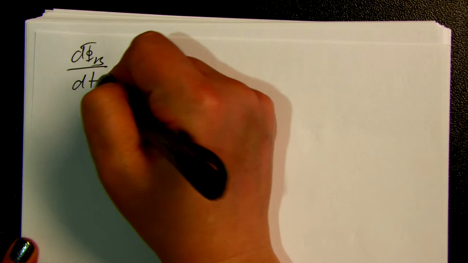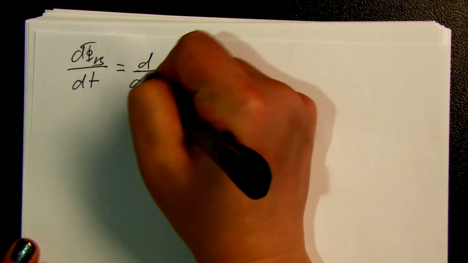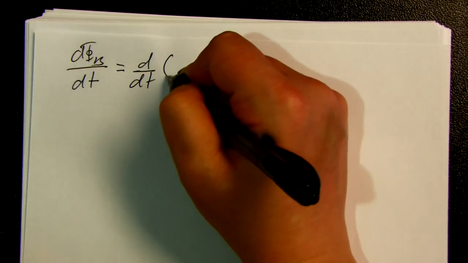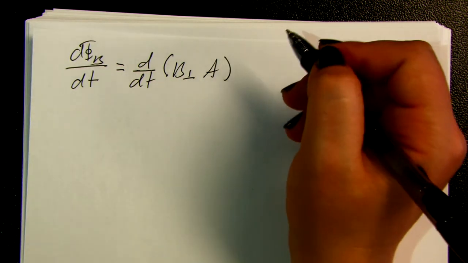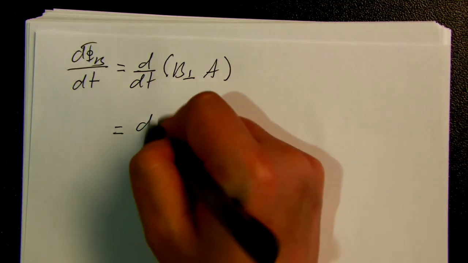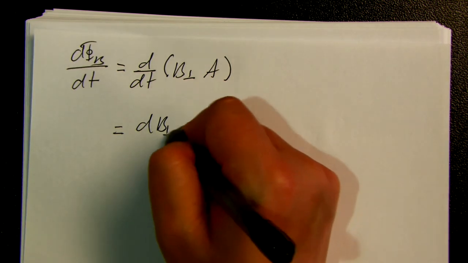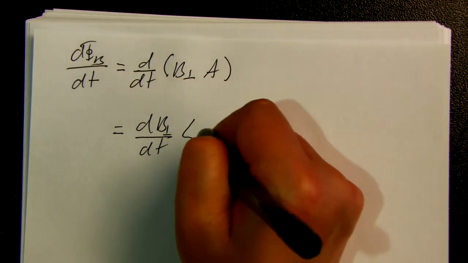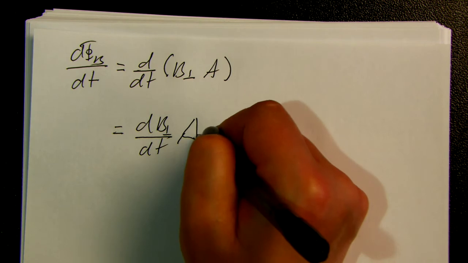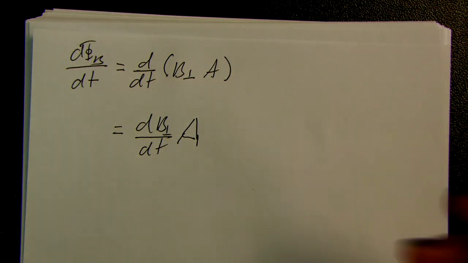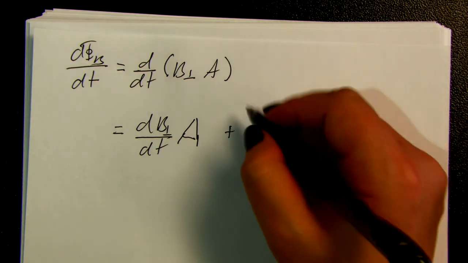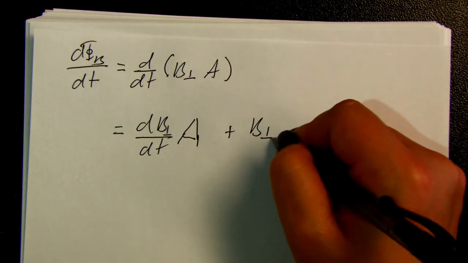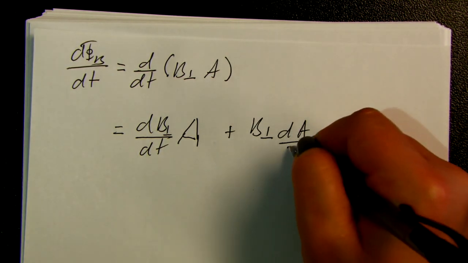Okay, so we have the change of magnetic flux with respect to time is equal to the change with respect to time of B perpendicular and A. This is equal to dB/dt times A. It's a terrible A, but you get the point. That's where A is held constant and B is allowed to change, plus B perpendicular dA/dt.